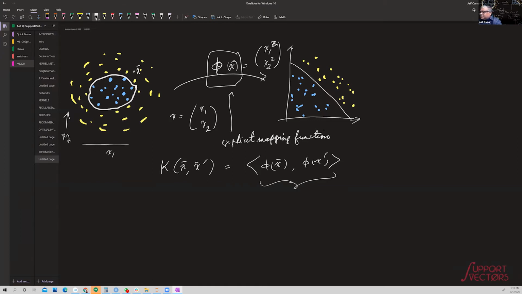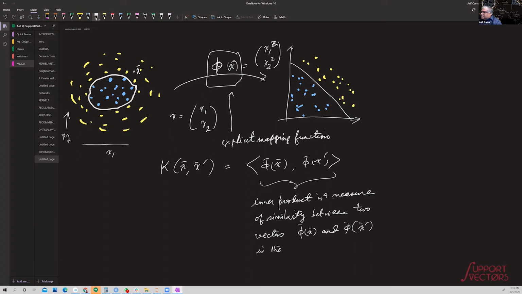The inner product is a measure of similarity between two vectors, and obviously these are also vectors, in the kernelized feature space.